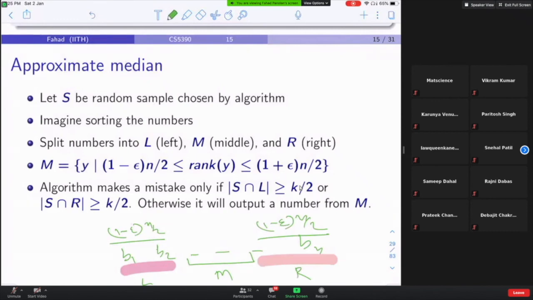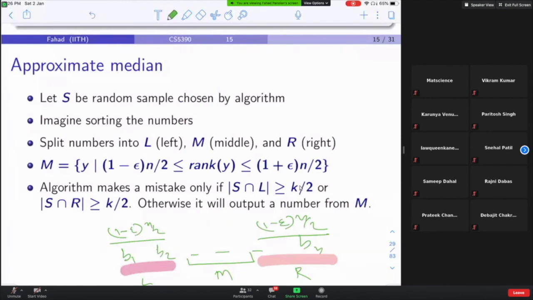How many elements are here? It is n minus 1 plus epsilon n by 2, which is actually n by 2 times 1 minus epsilon.